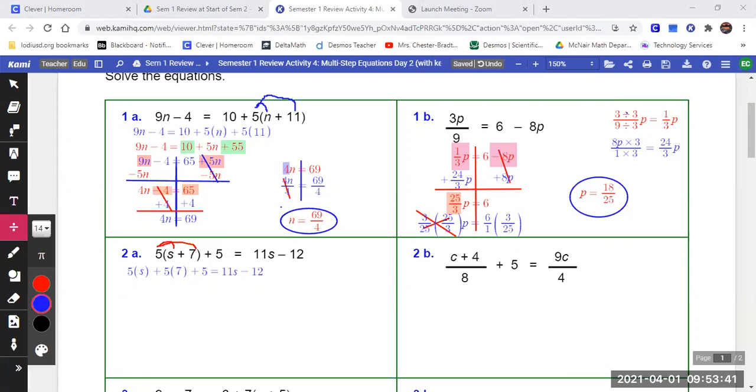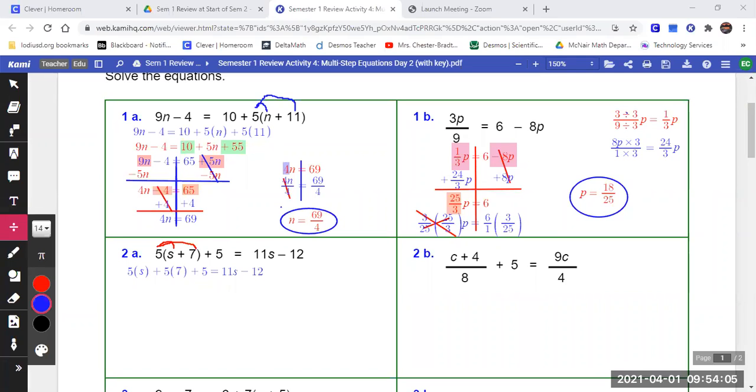Okay, now we have to go do the math part of it. So go do our math. Do the multiplication. What would it clean up to be?